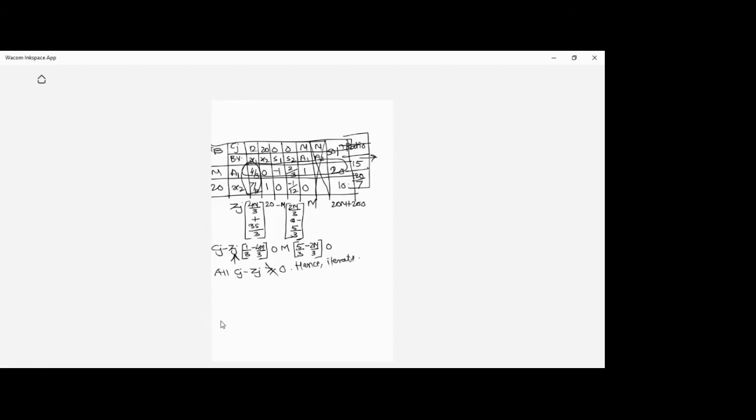So if we move ahead, let me construct the table again here. So it is CB, CJ, basic variables, right? So we have 1, 2, 3, 4, 5, 6, and again a solution.